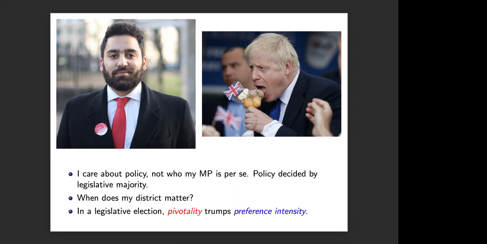So then I've got one thing in my utility function saying, well, I prefer the economic dimension, so I should go for Boris, just like I went for Trump. But this pivotality thing is pointing me in the other direction, saying I should vote on the social dimension. And so as it turns out, as you vote in an election with a large number of voters, pivotality is going to trump preference intensity, right?